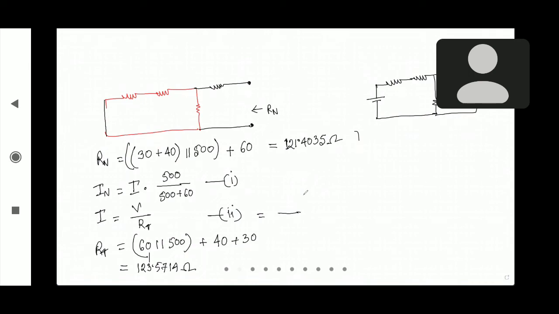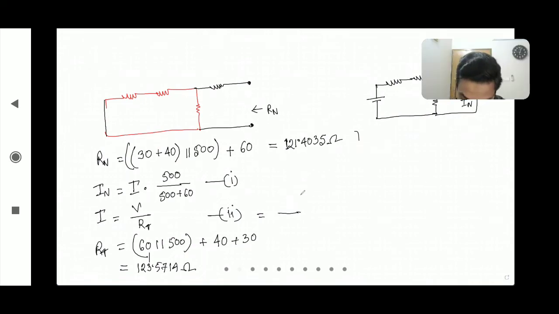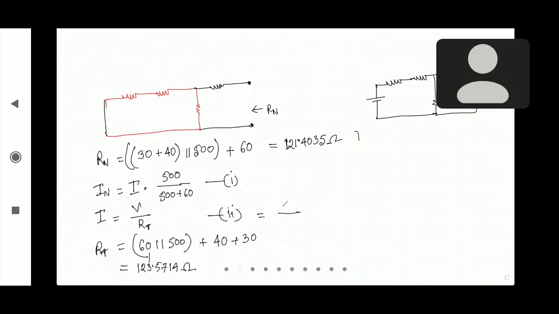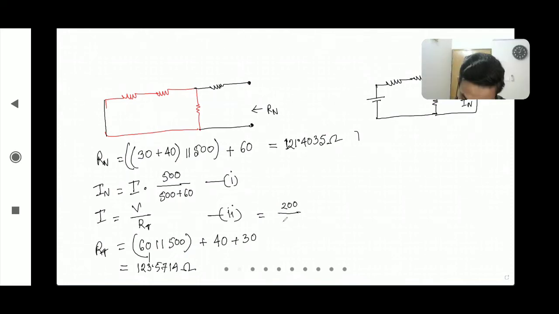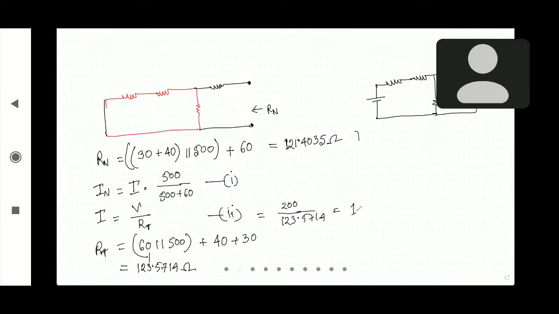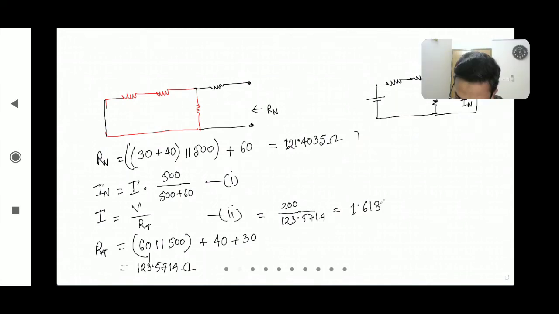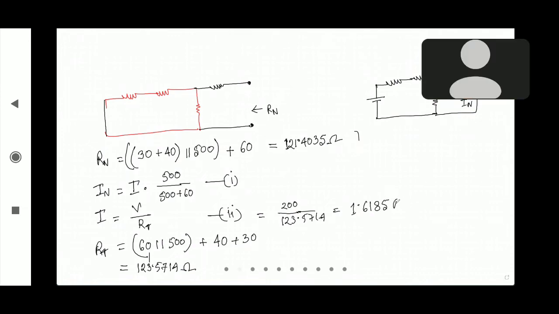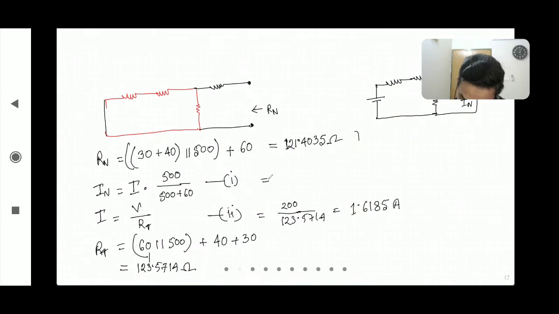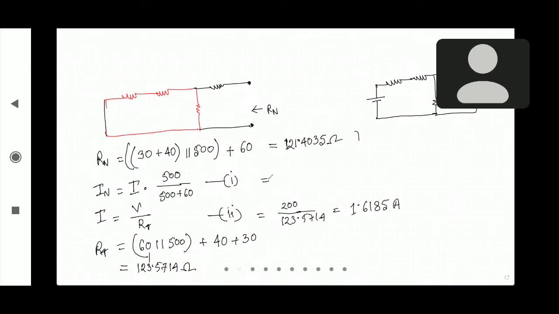What is the value of V? 200. 200 divided by 123.5714, and the result is 1.6185 ampere, correct? And the value of IN? The result is 1.4452.